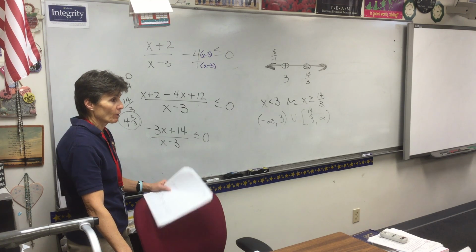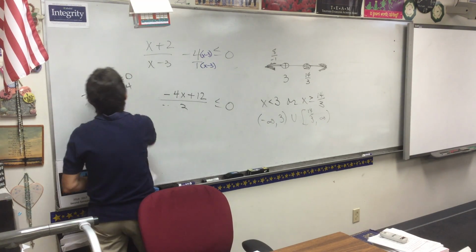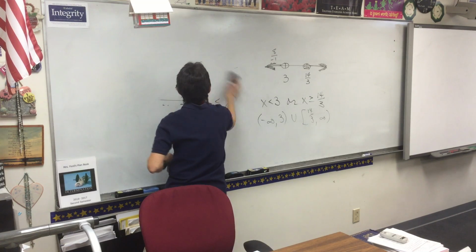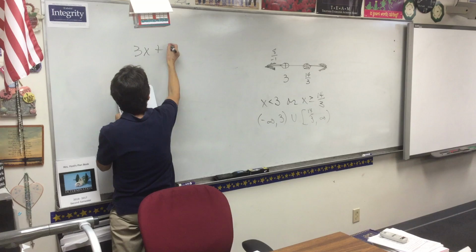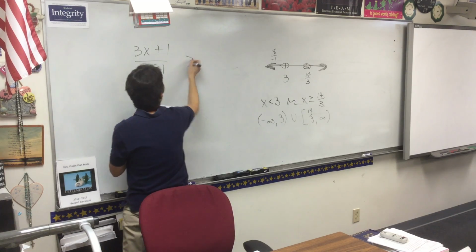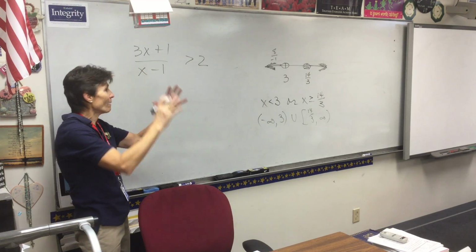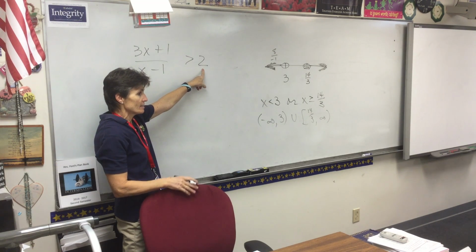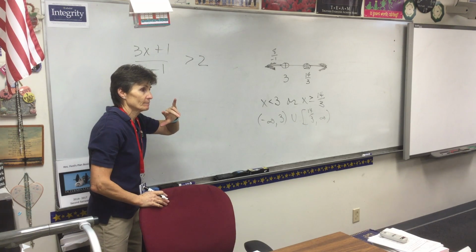So we're going to try one more. Are you ready? No. All right, here we go. Let's see if we can remember what we did. Okay, first thing you notice is, oh my gosh, it's not a 0. So, Maddie, what are we going to do first?